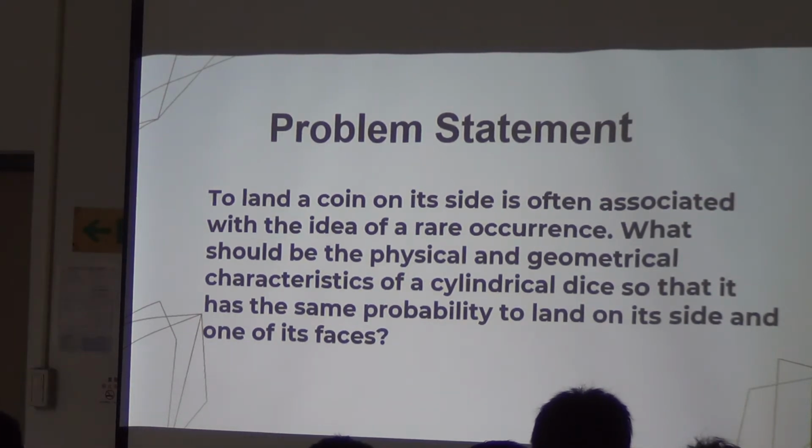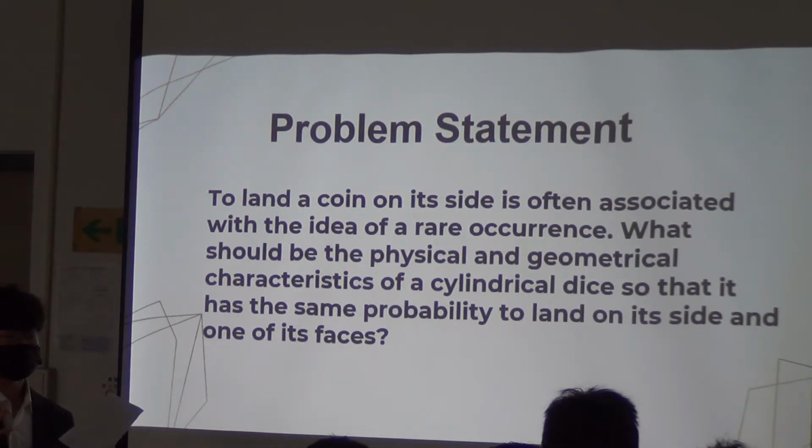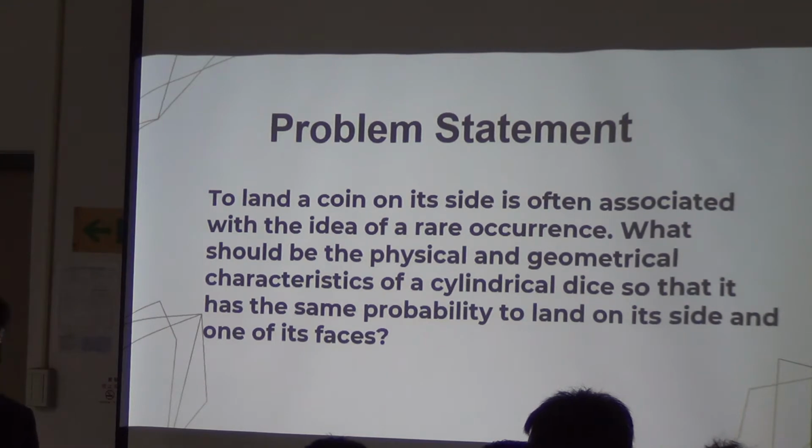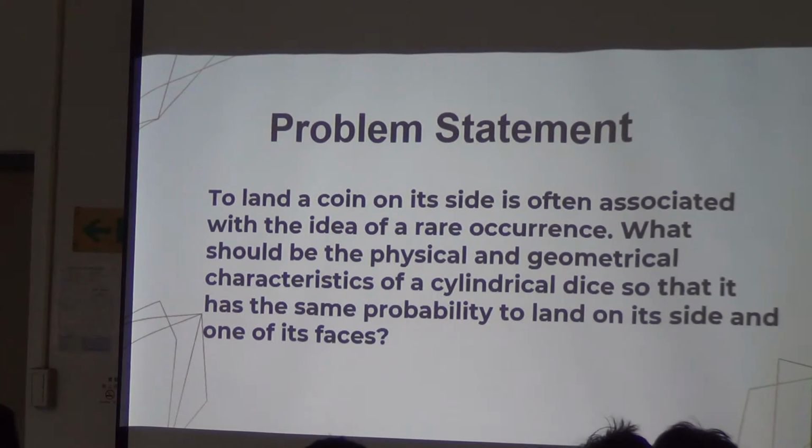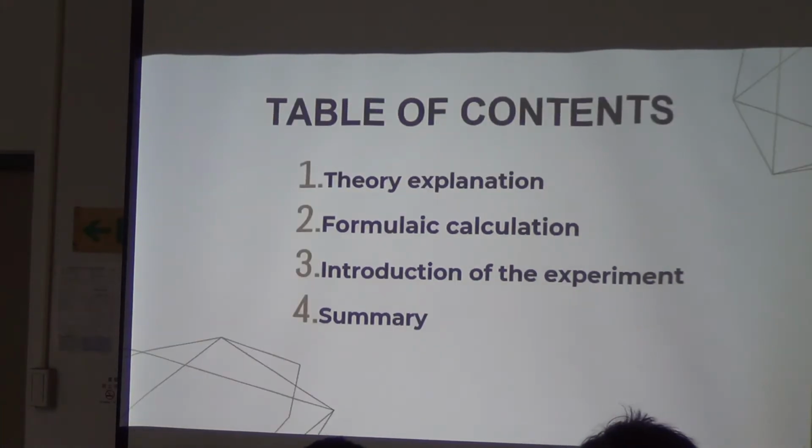So now the team feels that the main focus on this topic should be, first, to get the geometrical outlook of this dice, and second, to verify if this dice is truly a fair three-sided dice, or you can call it a coin also.